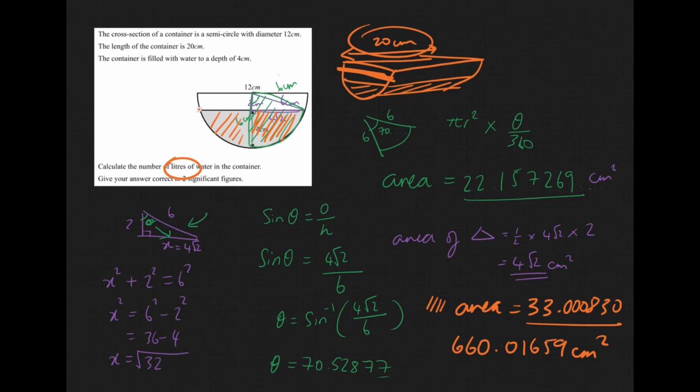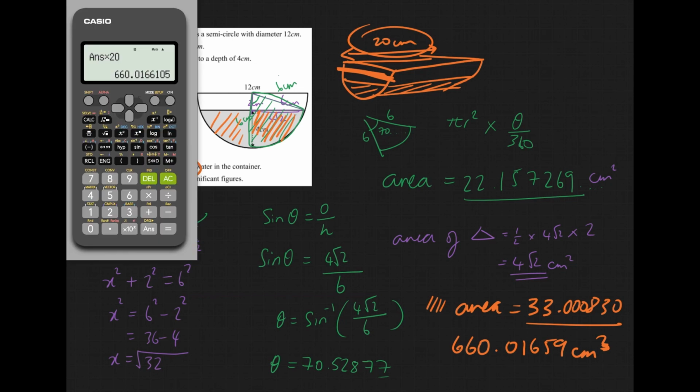So now we need to convert from centimeters, that should be centimeter, that's the volume, so that should be centimeters cubed. So we're going to convert from centimeters cubed into liters. We're going to divide by 1,000. Check your conversion units if you need to revise that.